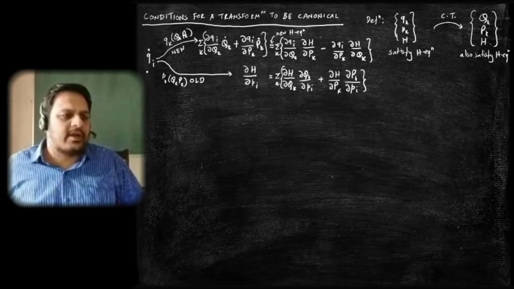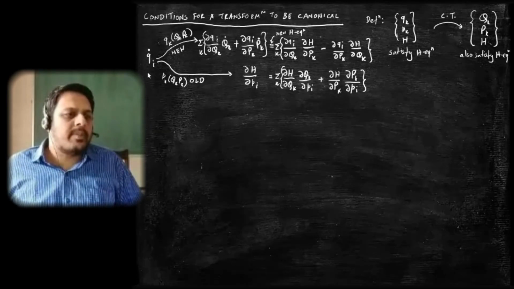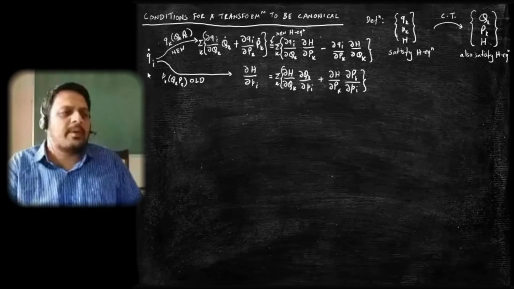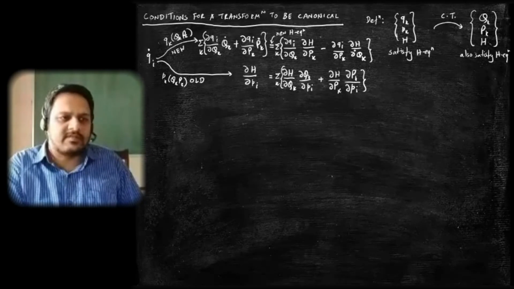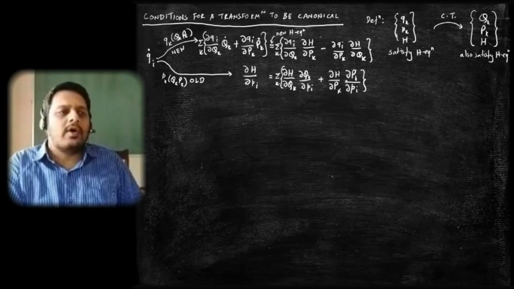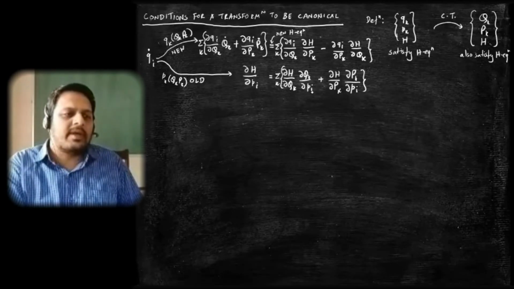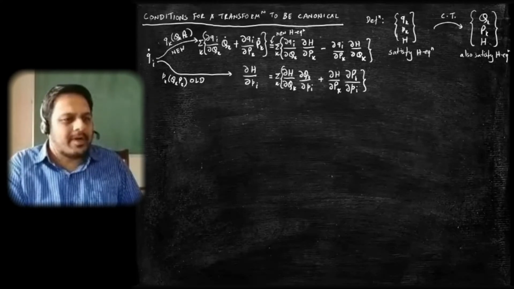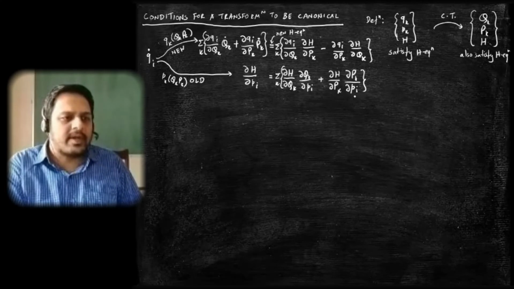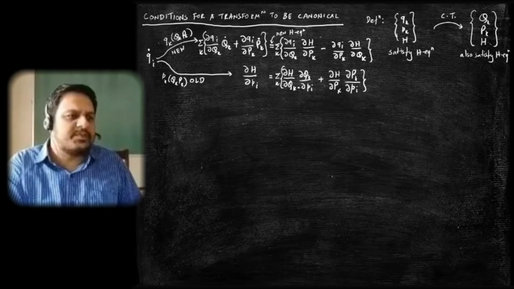I find that Qi dot can either be written as ∂Qi/∂Qk times ∂H/∂Pk minus ∂Qi/∂Pk into ∂H/∂Qk. This is one part. Or it can be written as ∂H/∂Qk into ∂Qk/∂Pi plus ∂H/∂Pk into ∂Pk/∂pi, that kind of thing. Okay? Both these expressions belong to the same object.